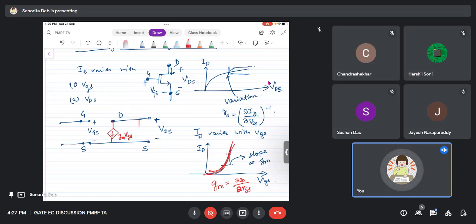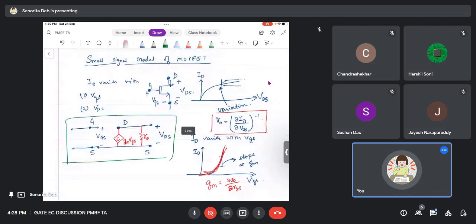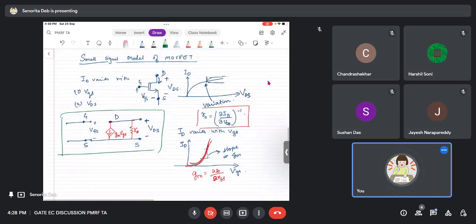So ID comes from GM VGS, and then there is a resistor R0 which models the variation of ID with respect to VDS. Is this clear? Why the small signal model is like this? So draw this small signal model, write these equations, and after that I will proceed.